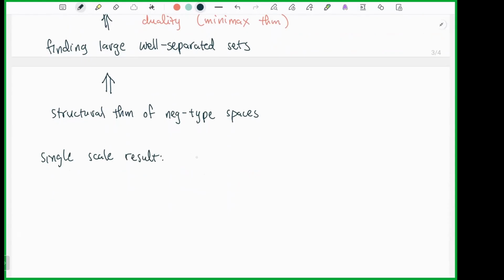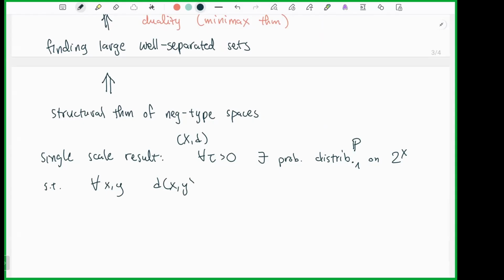For every scale tau, where X is a negative type metric space, there exists a probability distribution on the set of subsets of X, so 2 to the X, with the property that for every pair of points x, y that are separated by tau, if you look at this random subset Z, chosen at random according to this probability distribution, it separates the points x and y well, in the sense that x will be in Z and y will be far from Z.